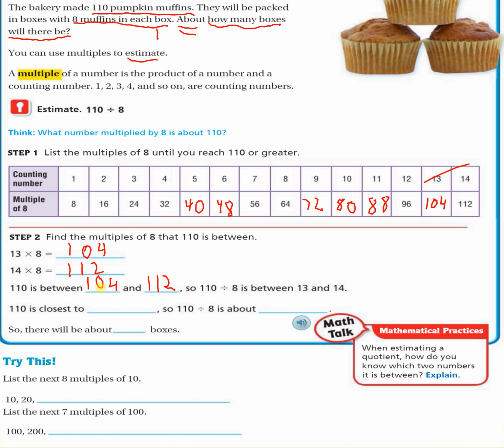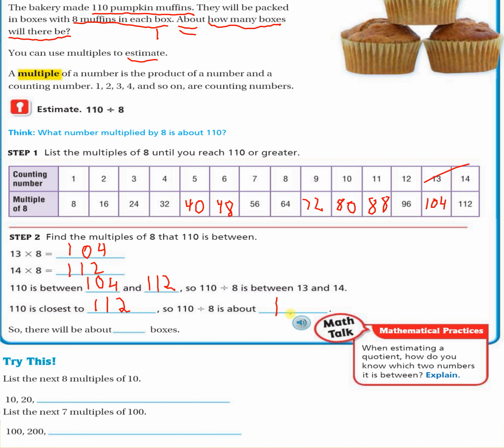Well, the difference between 104 and 110 is 6, so it's 6 away. And the difference between 112 and 110 is 2, so 112 is only 2 away. So 110 is closest to 112. So 110 divided by 8 is going to be about 14.